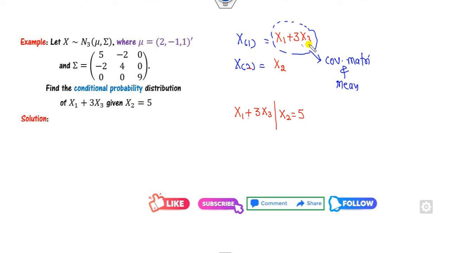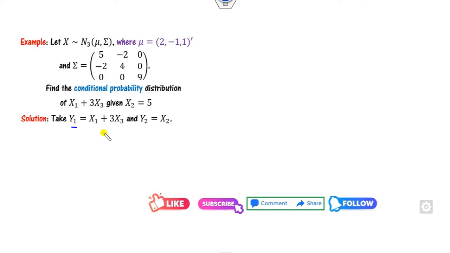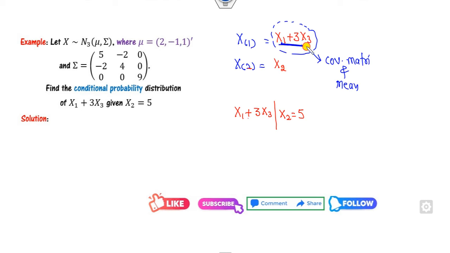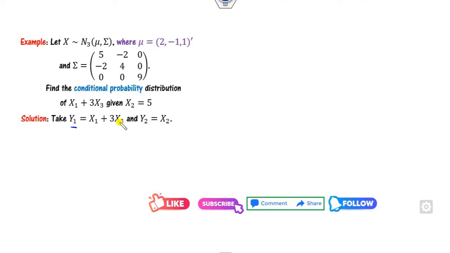Fine. Or you can say, if I take this number as y1 and this as say y2, then what is your required target? Your required target is to find the distribution of y1 given y2.